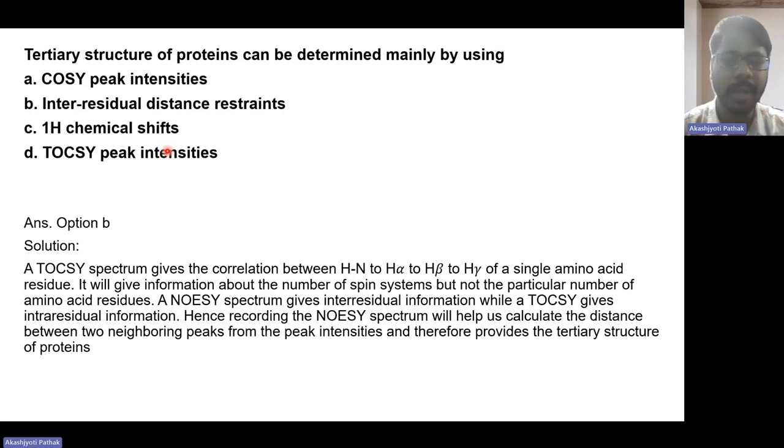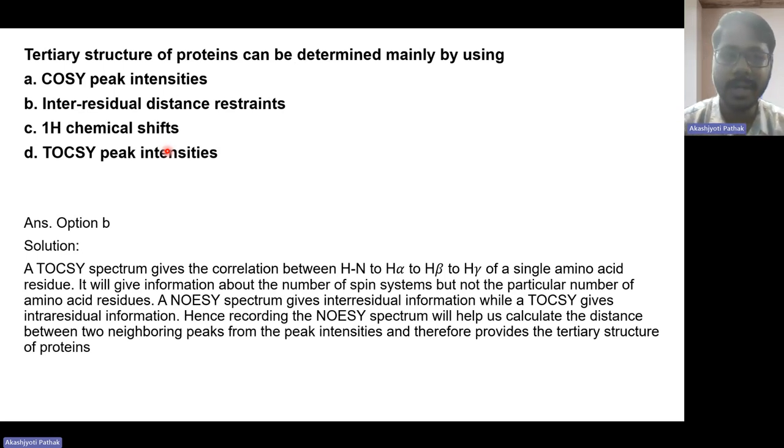But in the case of a peptide, if you record a TOCSY experiment, it will only give you the intra-residual information. Intra-residual information means it will give you the correlation between the C alpha, H beta, H gamma. So if there is an amino acid, consider arginine, you will get a particular spectrum for arginine. You will get a particular spectrum for alanine, glycine. Based on this, you can only get the intra-residual information, but you will not get inter-residual information.